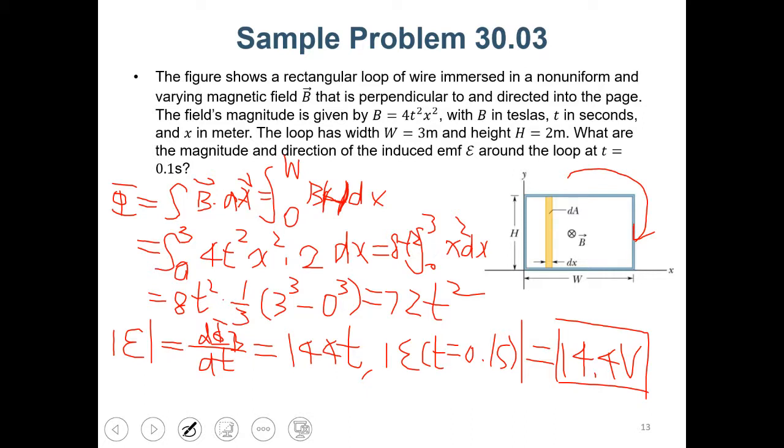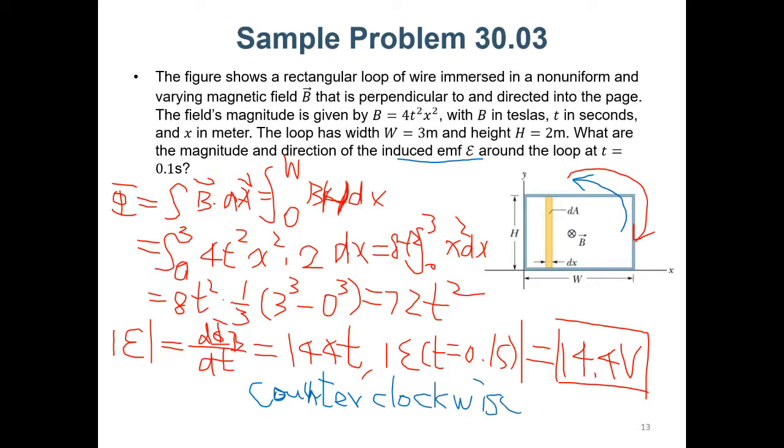And considering the minus sign, it will be something like counterclockwise. So the induced EMF should be counterclockwise.